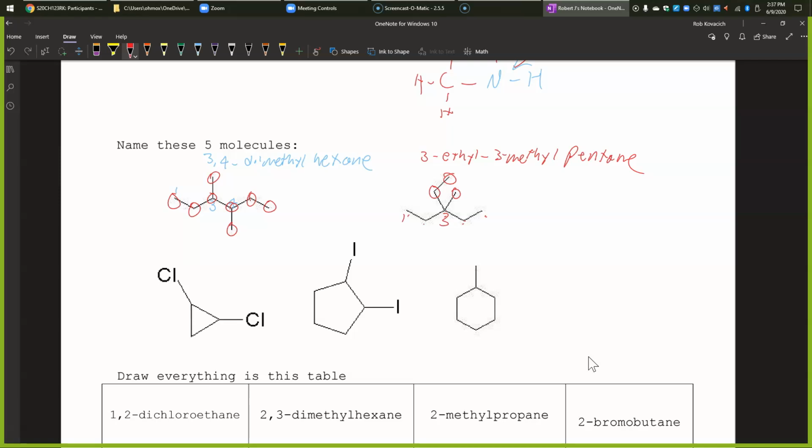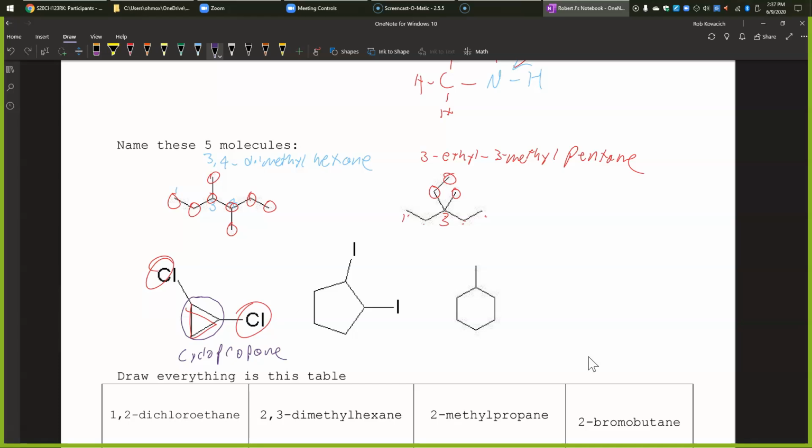Yeah. Okay, so what we have here is a cycloalkane consisting of 3 carbons, and we've got these 2 chlorine groups on here. So cyclopropane takes care of these atoms.